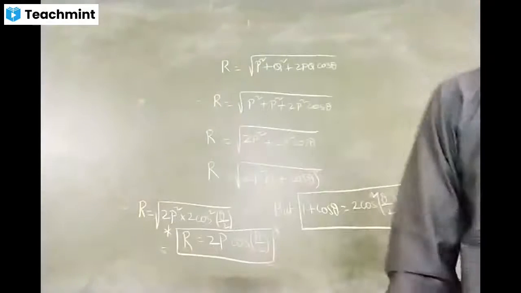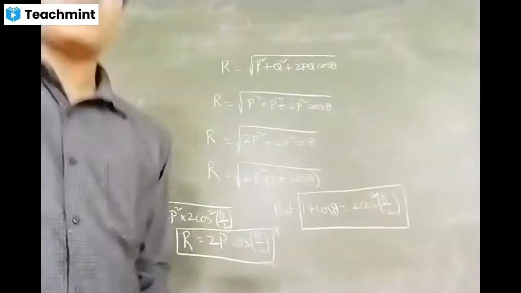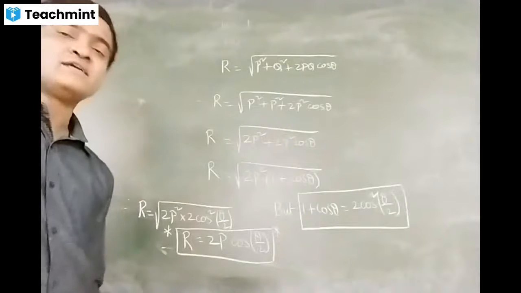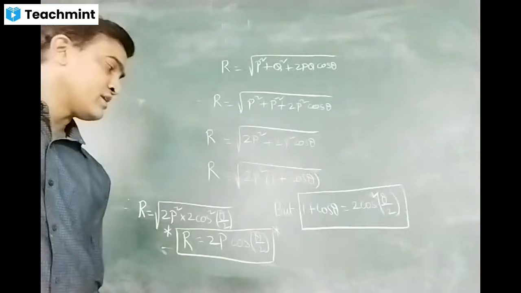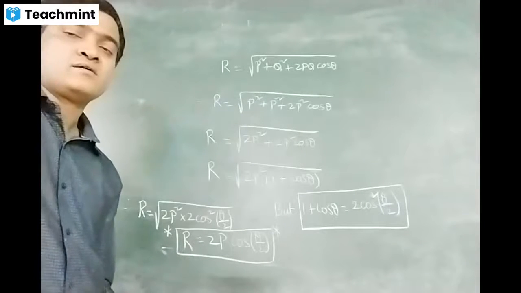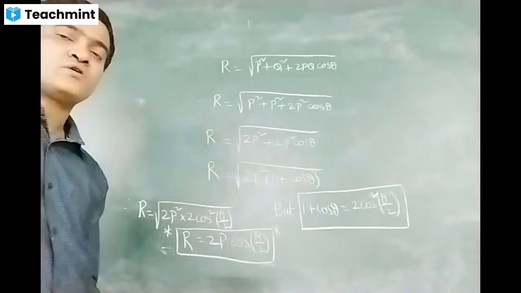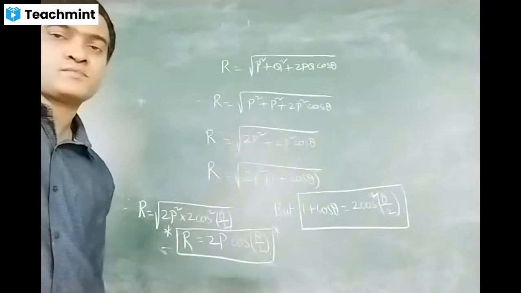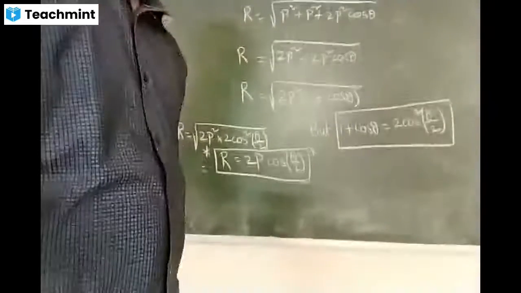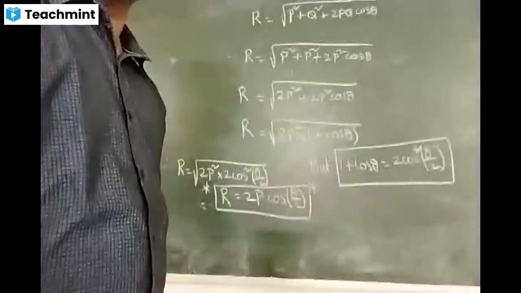Provided the two vectors have the same magnitude and they make an angle theta with each other, then the magnitude of the resultant is R equal to 2P cos theta by 2. Finally, the formula would be 2P cos theta by 2.